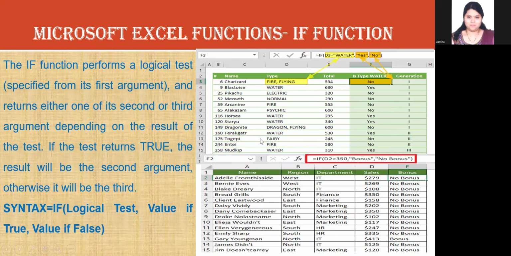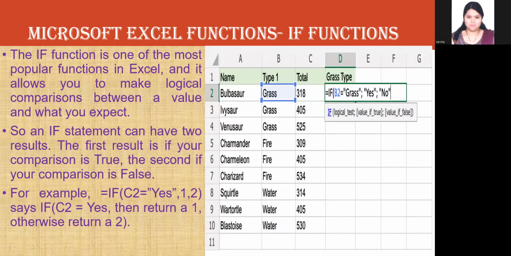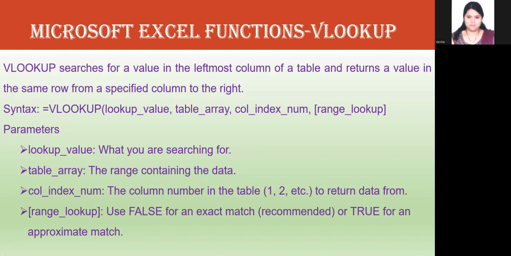Now let us move to our PPT presentation. Just now we have seen the if function with the help of a practical example. Here they have given some other examples of the if function. Now the next function is VLOOKUP. VLOOKUP function is a very important function.